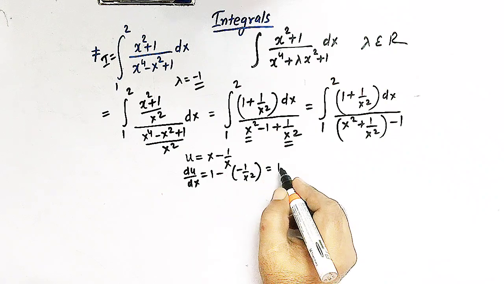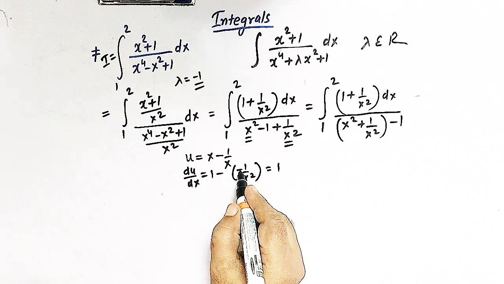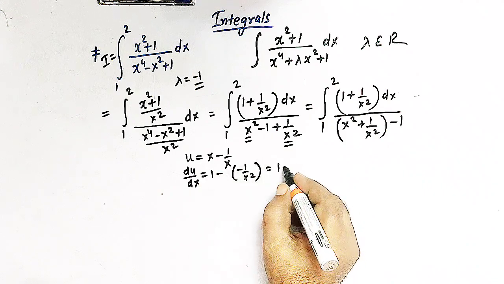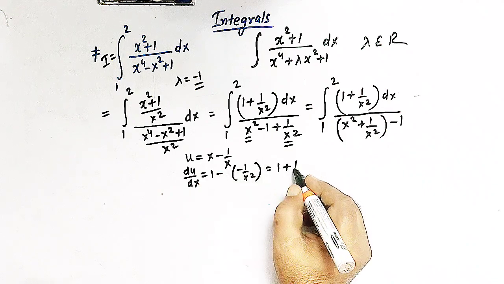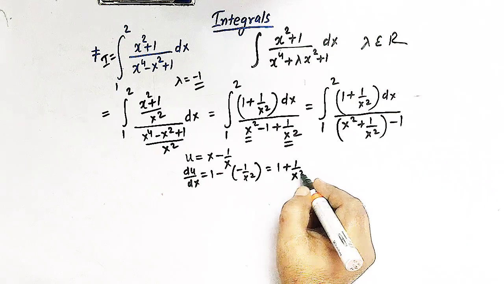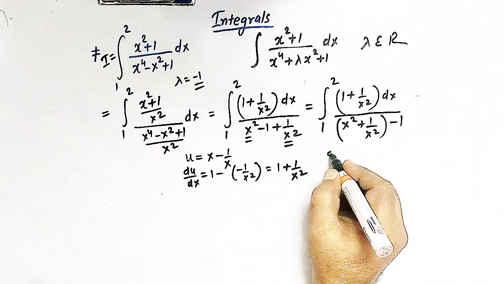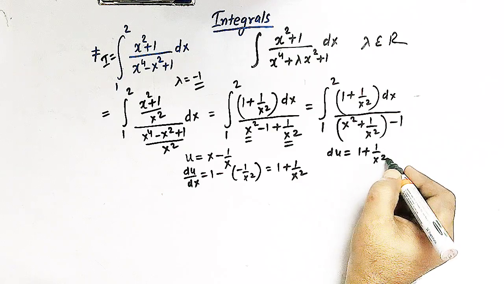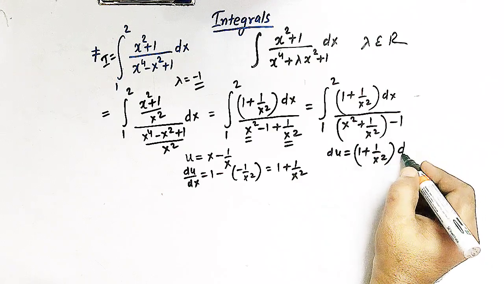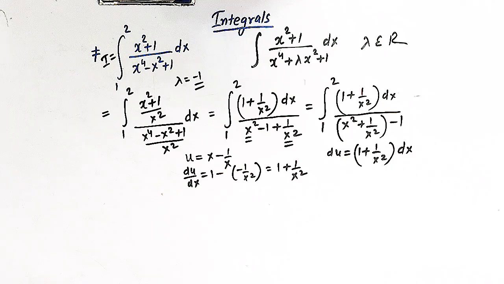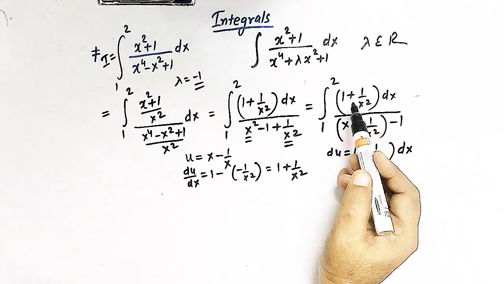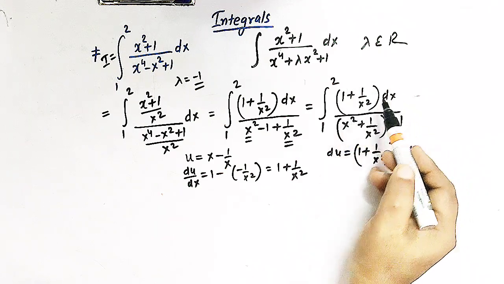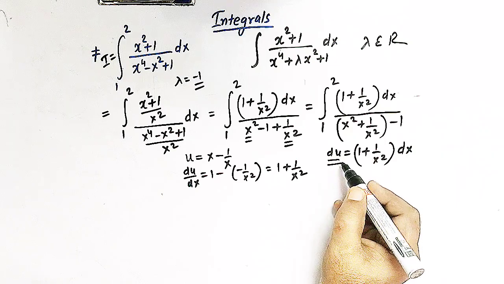So here we have 1, and this minus and this minus, when multiplied together, become positive, then here we have 1 over x square. So now we can write du is equal to 1 plus 1 over x square, and here we have dx, right? So now we can easily replace the numerator by du, right?